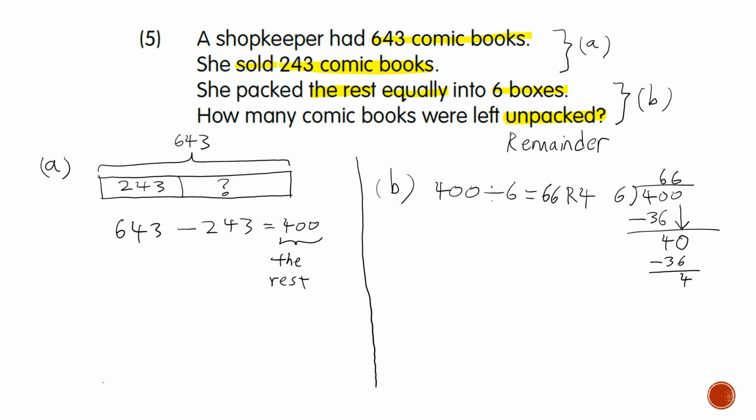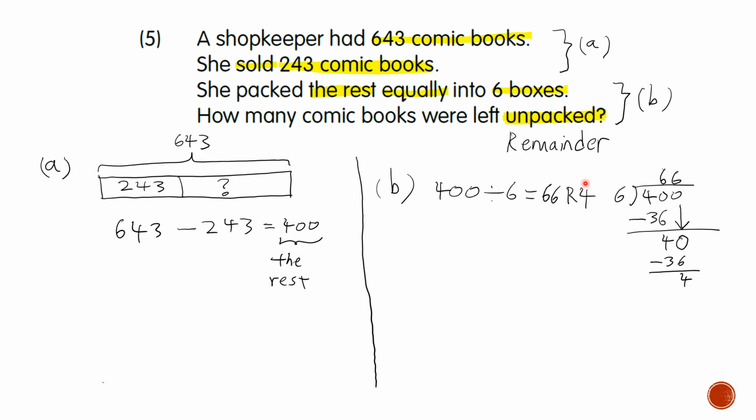Let's make sense of this working. 400 is the rest, what was left after she sold the 243 comic books. 6 is the number of boxes in total. 66 is the number of comic books in each box. Remember they packed equally. So now there are 66 comic books in each box and there are 4 leftovers.